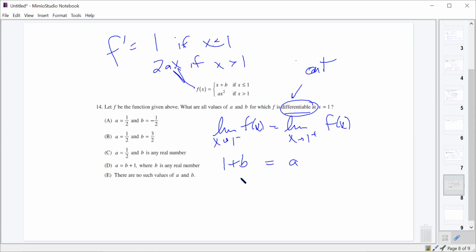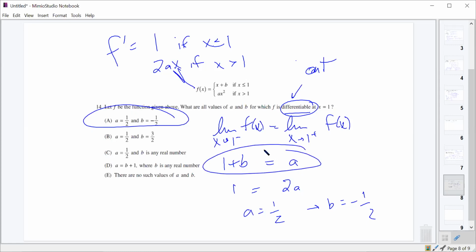So at 1, we set those equal to each other: 1 equals 2a. So a would be 1/2. And if a is a half, then b should be negative a half, just by plugging it in up here. Does that make sense or no?